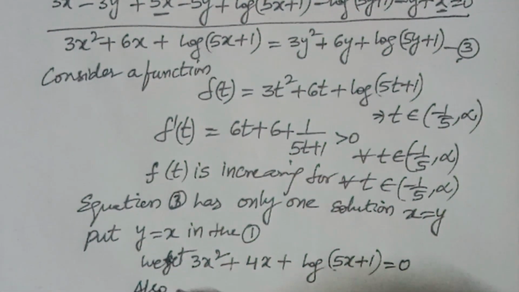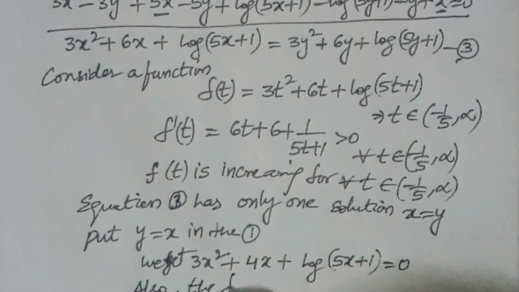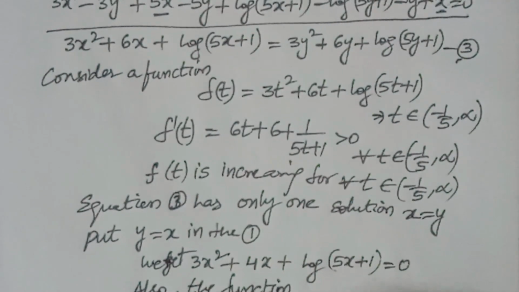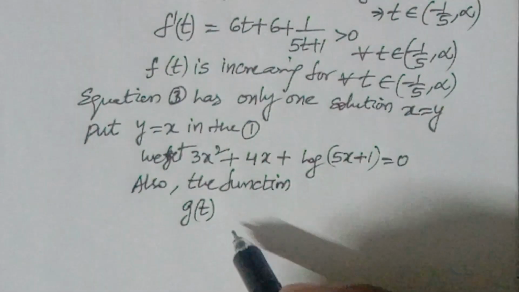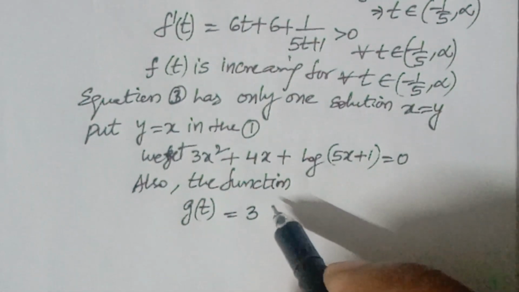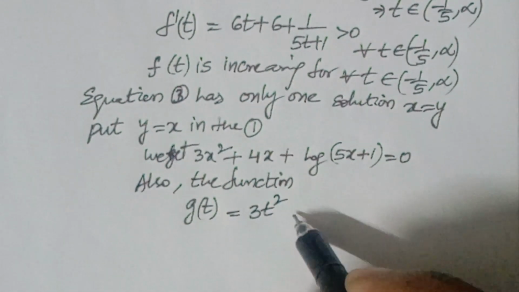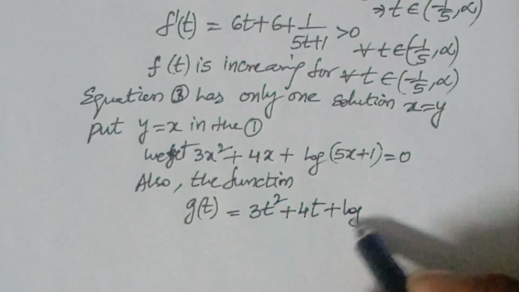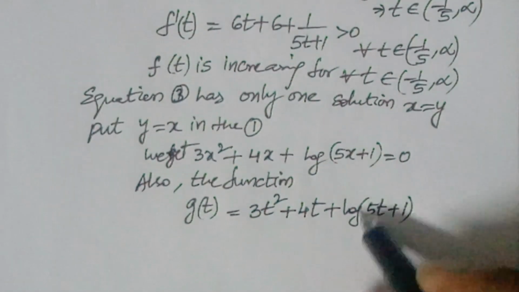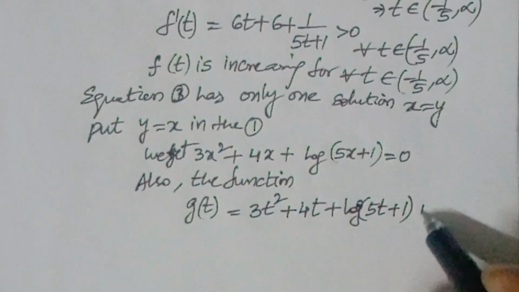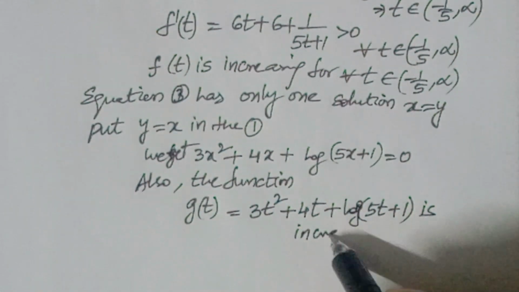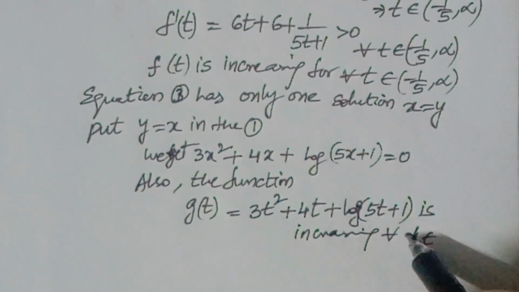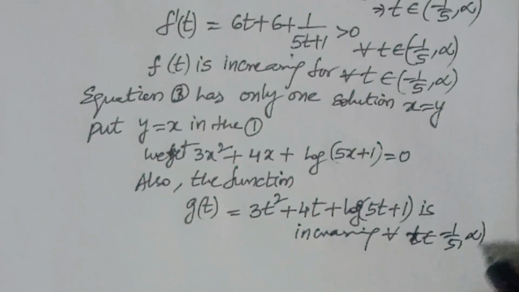Also, if we change it into a function, g(t) = 3t² + 4t + log(5t + 1) is increasing for every t in (-1/5, infinity).